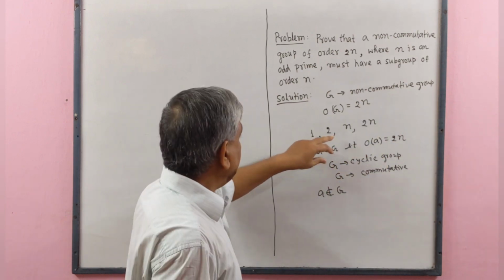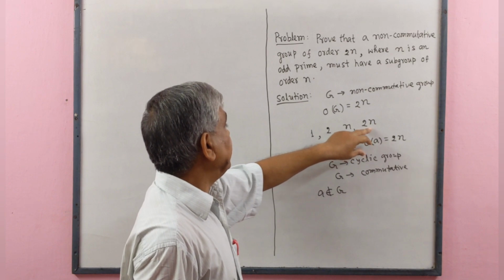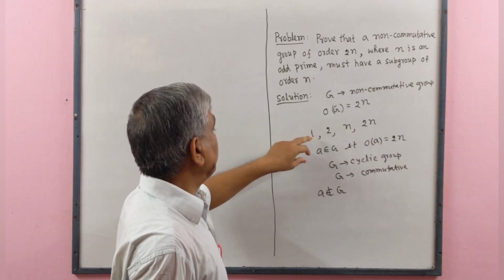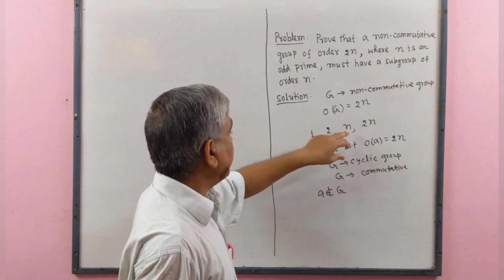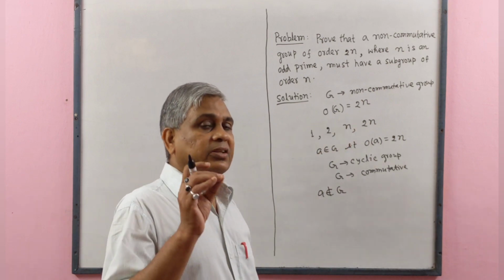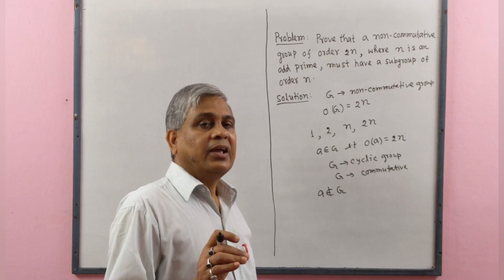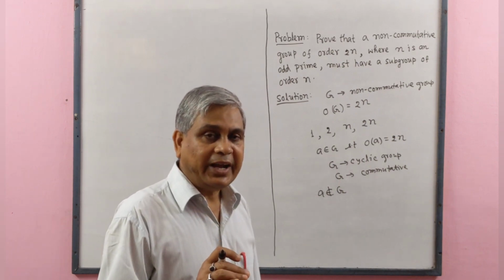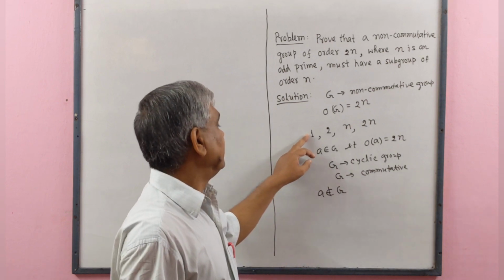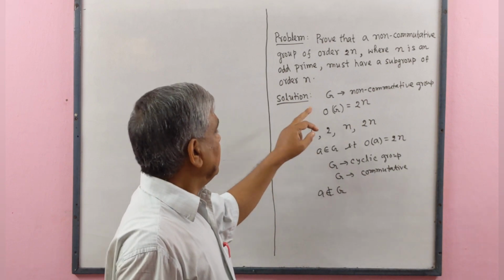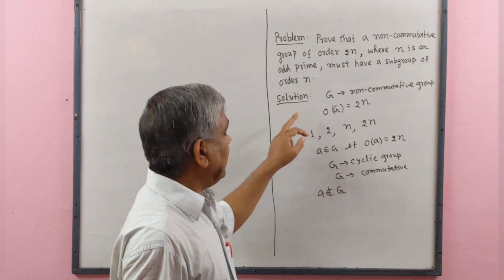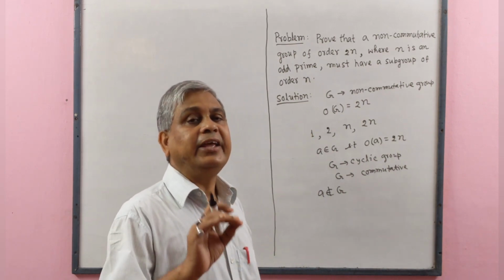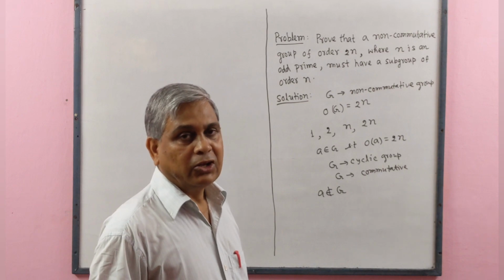Therefore, the group contains elements whose order may be 1, 2 or n. Since the group contains the identity element and the order of the identity element is 1, except the identity element, we may not get any element of order 1.